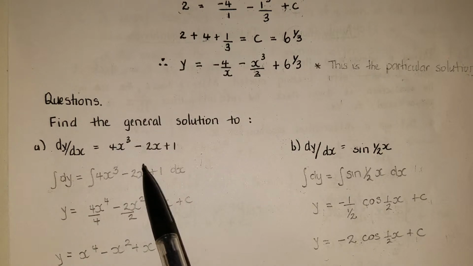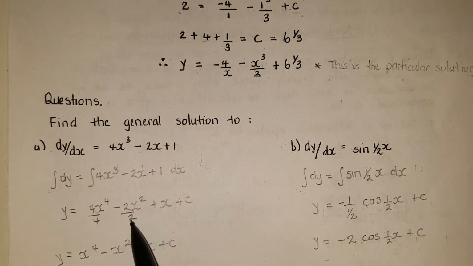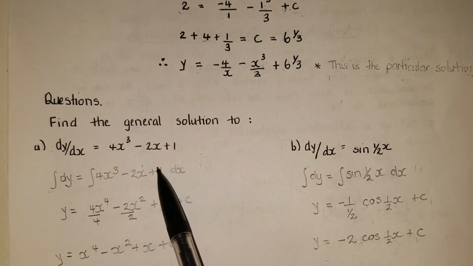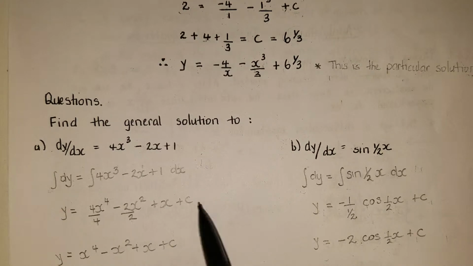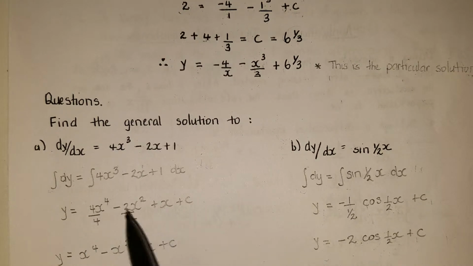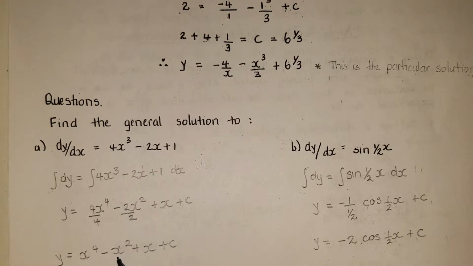This x already has a power of 1. When we add 1 to that power, we get 2, then divide by that 2. And if we integrate 1, we simply get x, and we put our plus c at the end. So now our general solution reads y equals x to the 4 minus x squared plus x plus c.